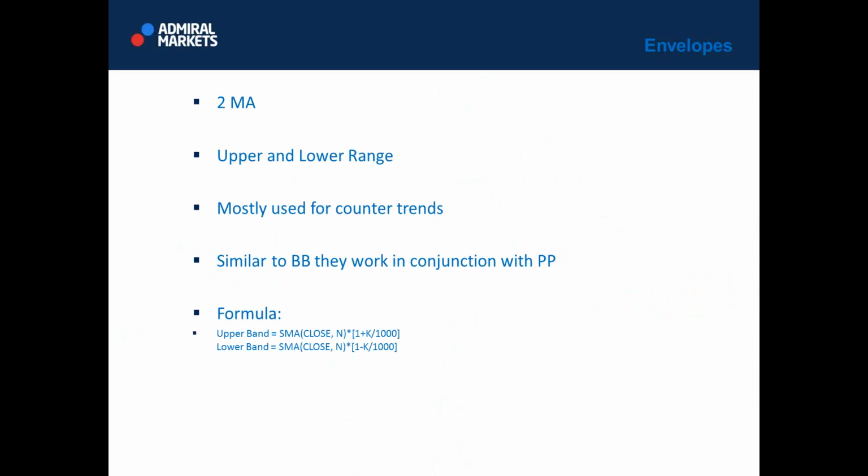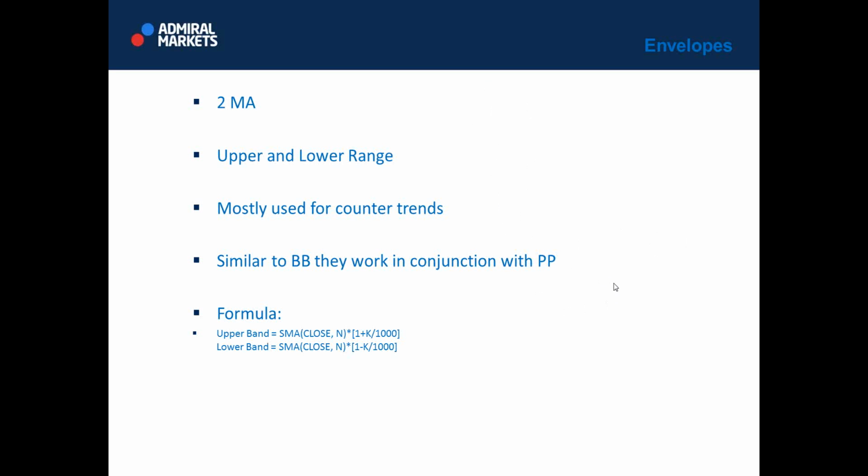Envelopes basically just define the upper and lower range, and they define upper and lower margins. A signal to sell usually is counter trend, same as Bollinger Bands, when price protrudes through the upper band. A signal to buy is usually below, when price protrudes through the lower band.